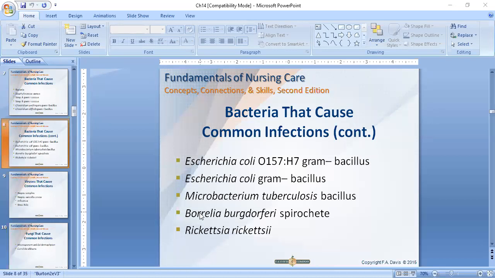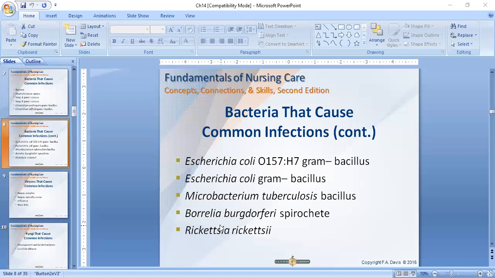The other one is called Borrelia burgdorferi. So Borrelia burgdorferi, right? The other organism is transmitted through cats, right? Especially for the pregnant mother, there is more chance of infection from the cat. Another is called Rickettsia.